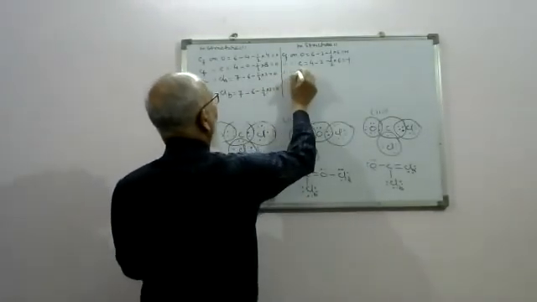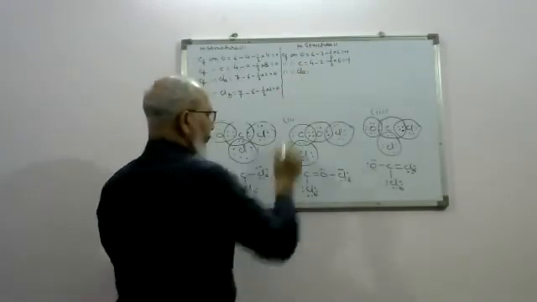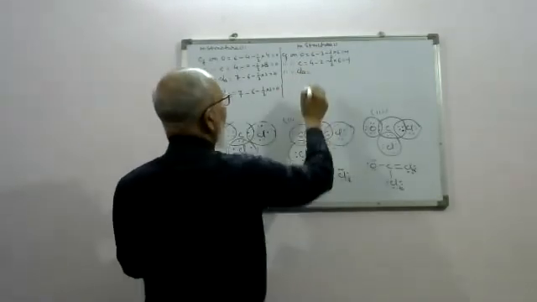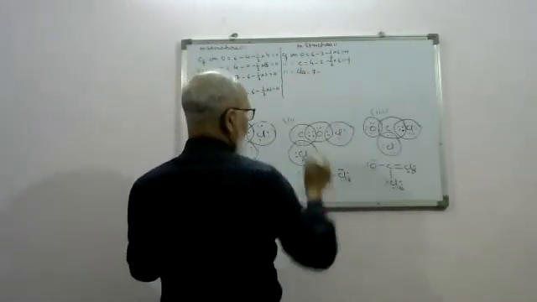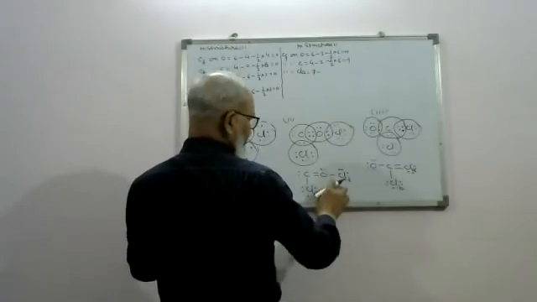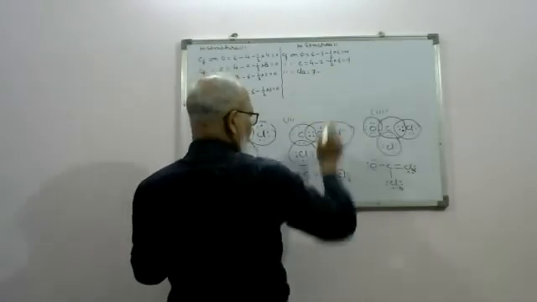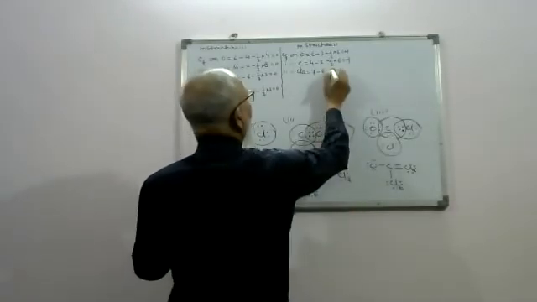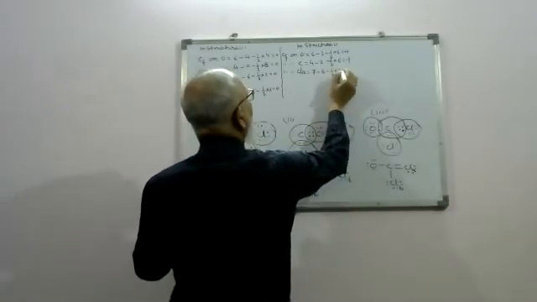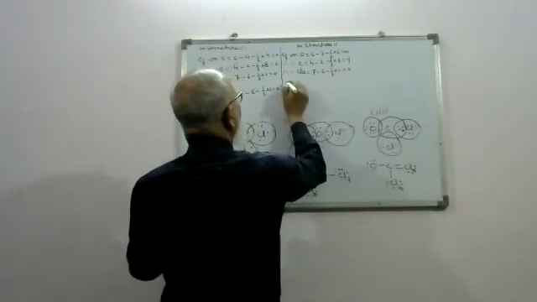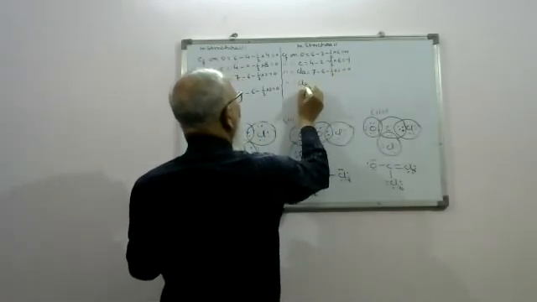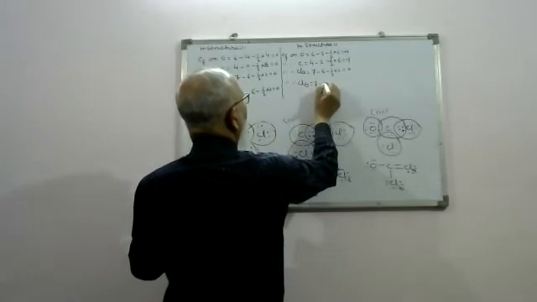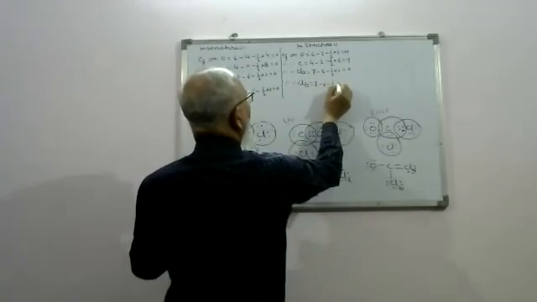FC on ClA will be equal to 7 minus unshared 6 minus shared 2, 1 by 2 into 2. This is equal to 0. Similarly, FC on ClB will also be equal to 7 minus 6 minus 1 by 2 into 2.